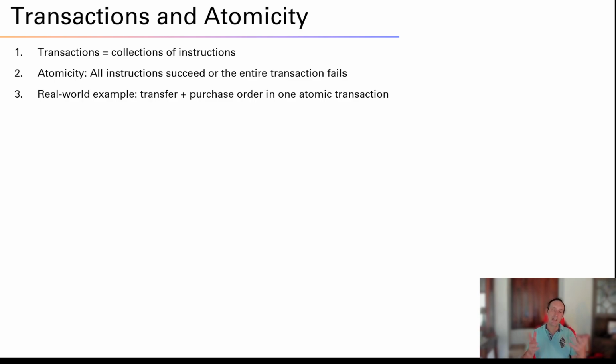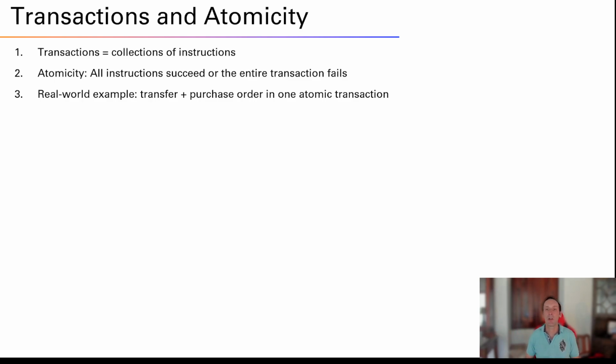So in this example that I'm giving you, the transaction has two instructions, one of which says, please transfer this amount of SOL from the customer wallet to my business wallet.